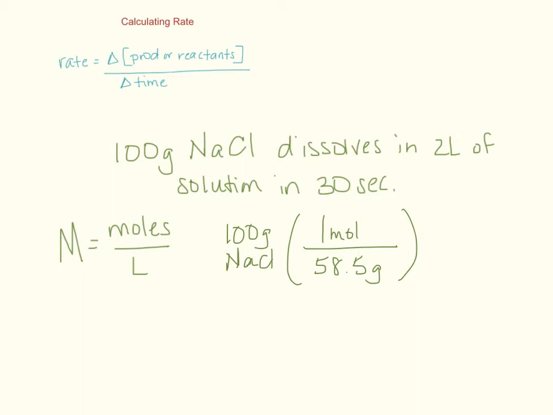So we get 1.7 moles of NaCl. And for our molarity, it's moles, 1.7 moles, divided by liters, but we actually have 2 liters. So 1.7 divided by 2 equals 0.85 is our molarity.